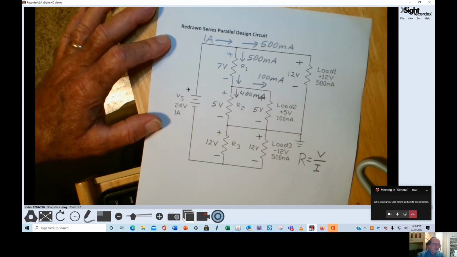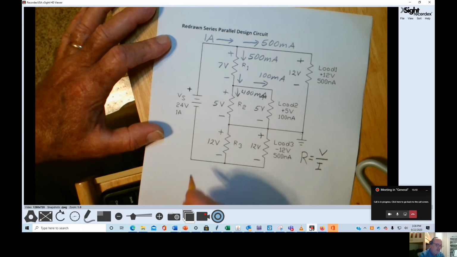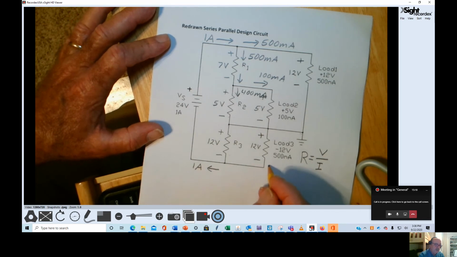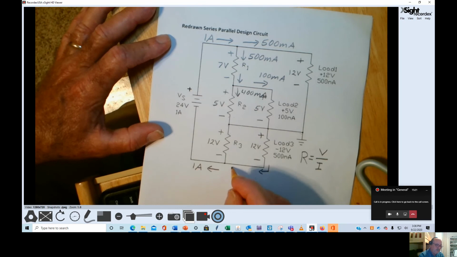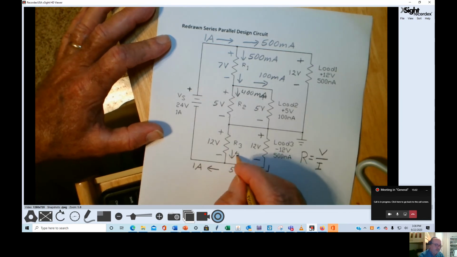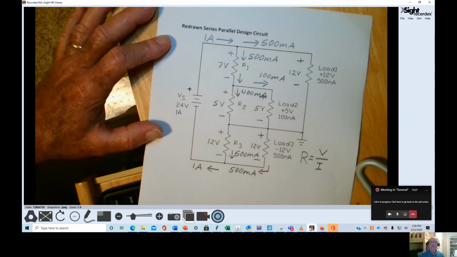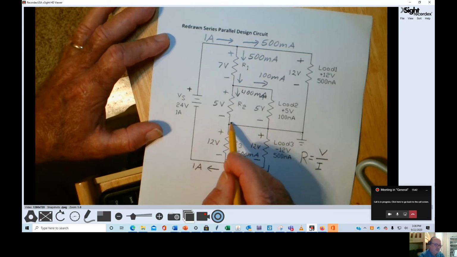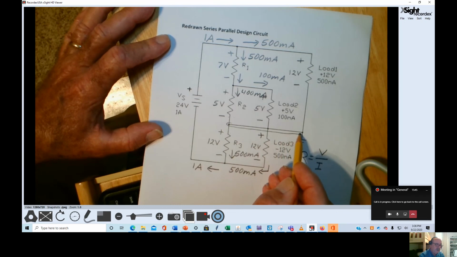Now, looking at resistor R3, we know that we have 1 amp of current flowing back to the source. We have 500 milliamps of current flowing through load 3. So I then have to have 500 milliamps of current flowing through R3. Now we can look at this another direction because these points are all connected together.